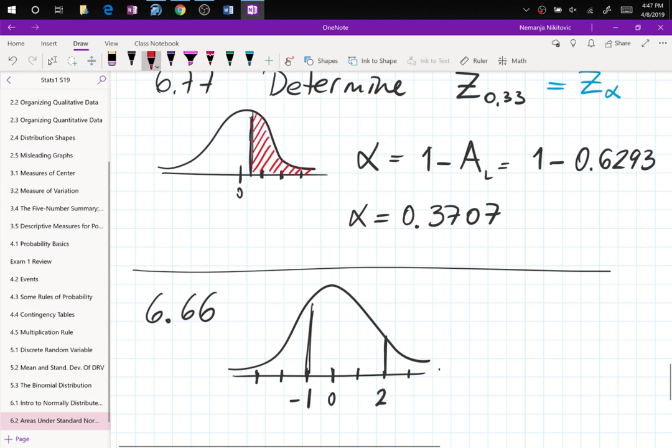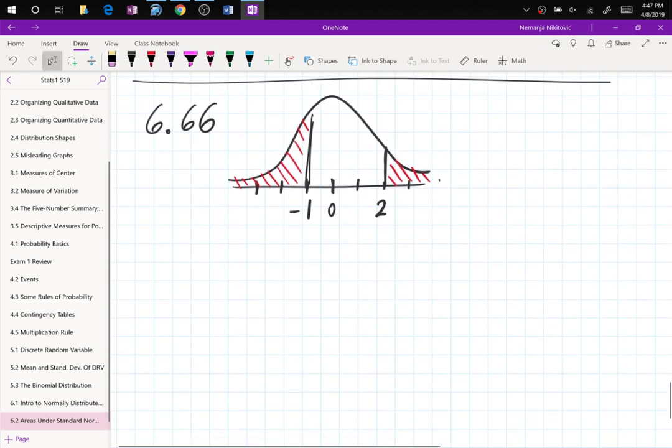And they want the area like that. So there are two ways in which you can calculate this, but let me see what you guys are going to come up with before I step in.